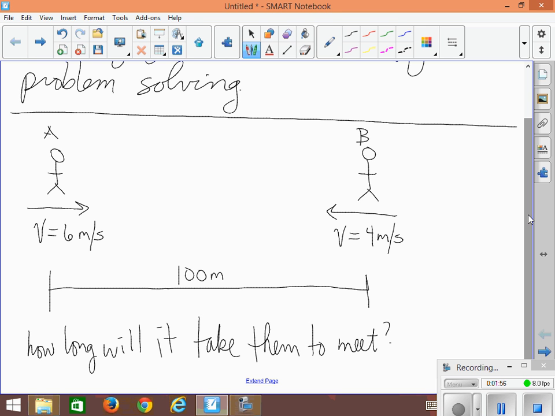Obviously, they will not meet in the middle because we know that one is going a little bit slower than the other. So this guy going at 6 is likely going to cover more distance than the fellow going at 4. So they will probably meet somewhere a little closer to the right-hand side of the situation. Okay.